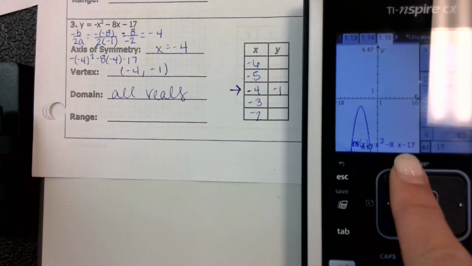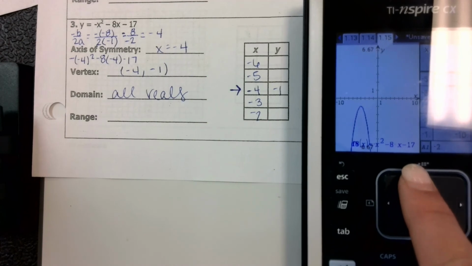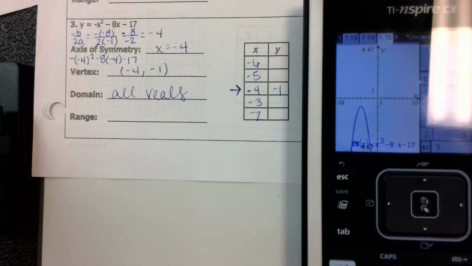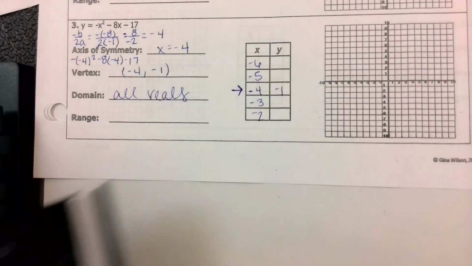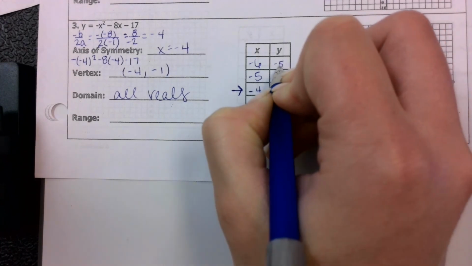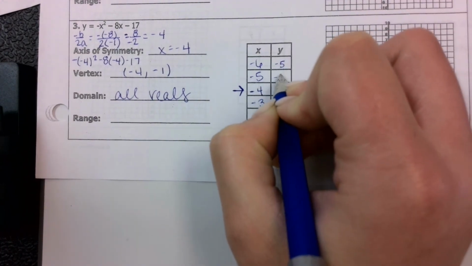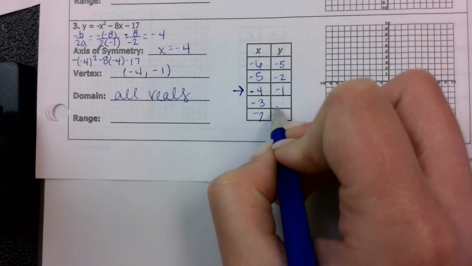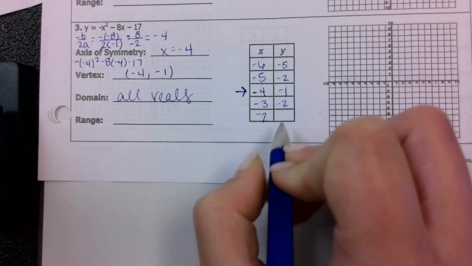So we need to scroll up so that we can see all those. So we've got negative 6 through negative 2. What do we need to get from negative 6? Or what do you get out from negative 6? Negative 5. What do you get out from negative 5? Negative 2. What do we get out from negative 3? And from negative 2?